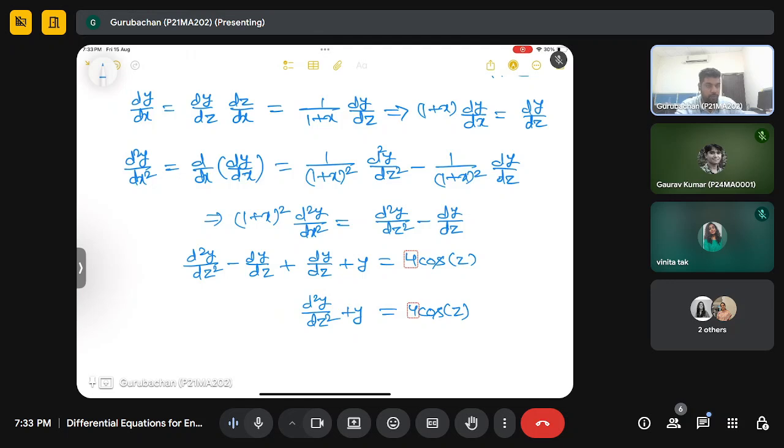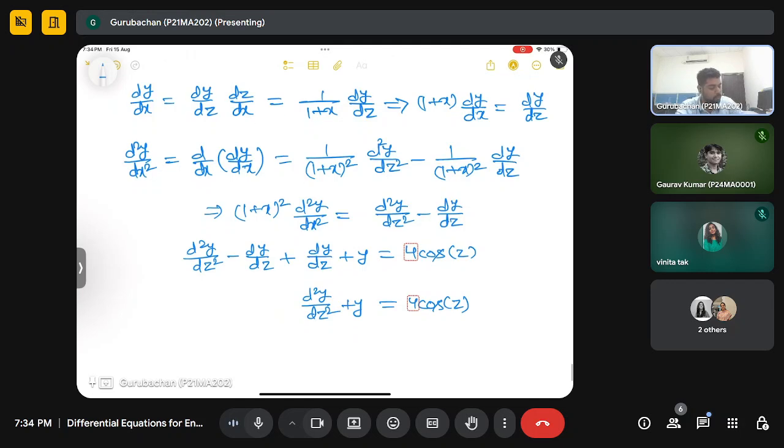We can also follow the annihilator method. For cos z, we need a d square plus 1 kind of operator. So it will be d square plus 1 applied on y equals 4 times cos z, where d is nothing but d by dz.